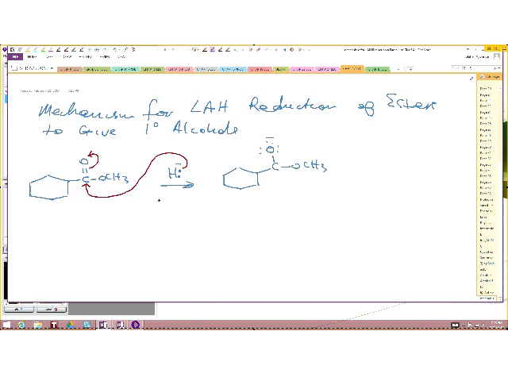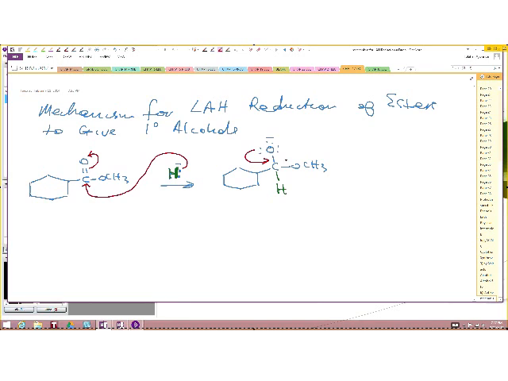Let me change the color to green so that we could follow it better. Okay, so that hydride from lithium aluminum hydride has attached itself to this carbon here. This is just an intermediate, and this intermediate will regenerate the carbonyl, and in so doing, something has got to give on this carbon.